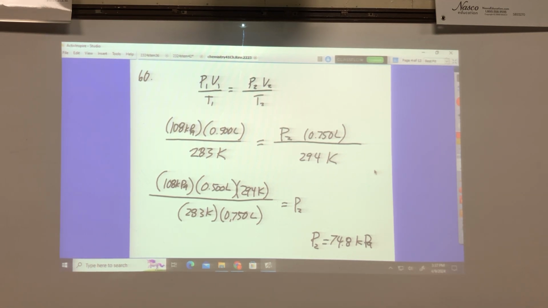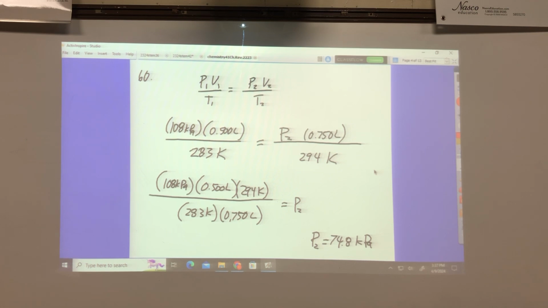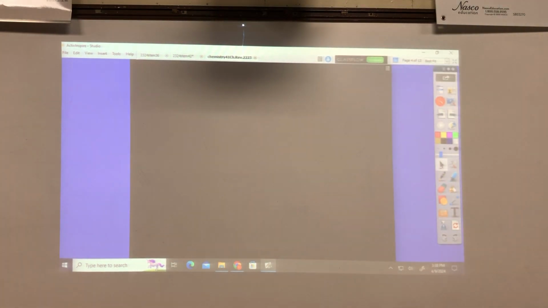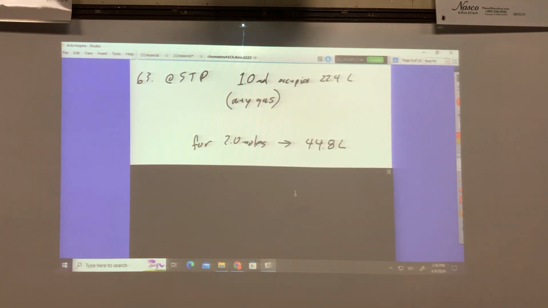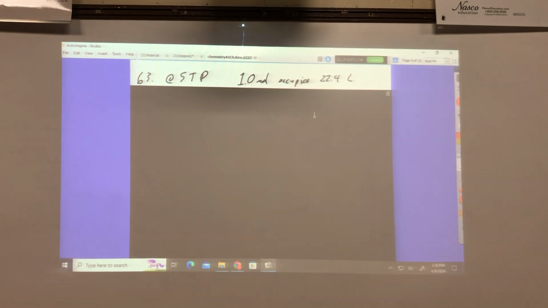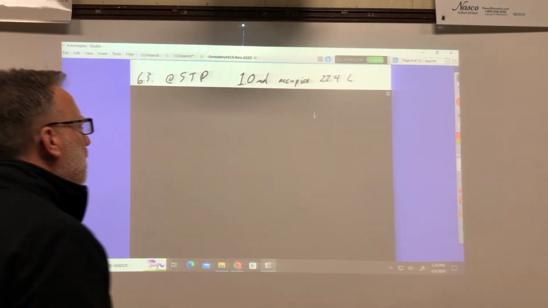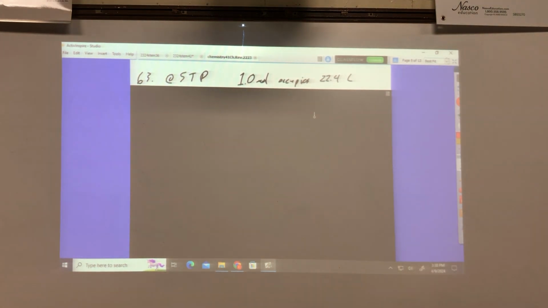63, you have a mole of gas at STP. The easy way to do this one is ideal gas law. We're not changing conditions on this one. It does ask for mole though. Oh, I guess it's not even that complicated. We don't have to do the conversion necessarily because it's 1 mole at STP.